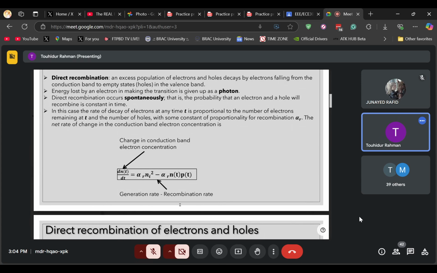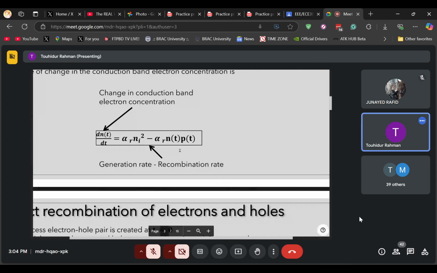Okay. So let us focus on this one and describe each of the components. N(t) means carrier concentration at any time t. So carrier concentration can be a function of time, and we will see how and why it will be a function of time. But for the time being, it can be a function of time.